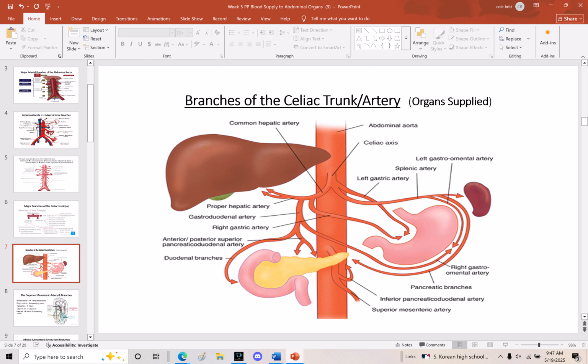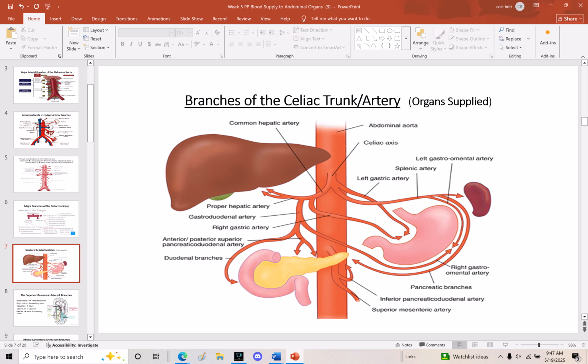Now we'll talk about the midgut. Midgut is supplied by the superior mesenteric artery. Now, I put this slide in here like this intentionally. Because up here, coming off of our common hepatic artery, we have the gastroduodenal artery, and then we have the anterior and posterior superior pancreaticoduodenal arteries, supplying the first and second portions of the duodenum.